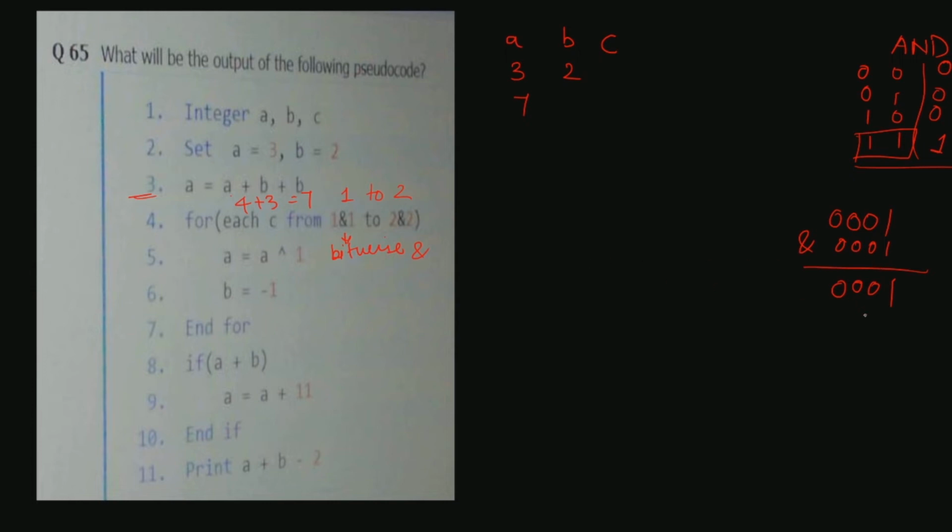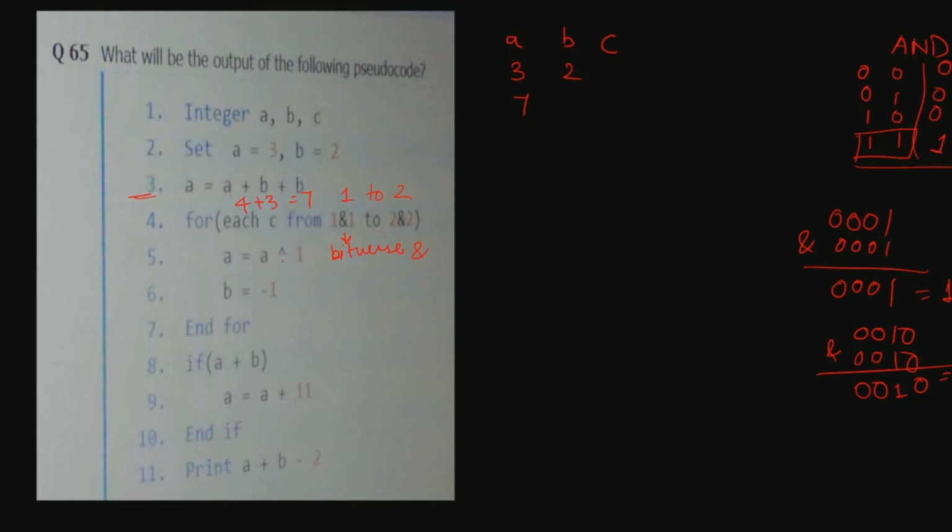I'll show it for 2 also, like 2 and 2. So 0 0 1 0 and 0 0 1 0, we are performing AND here. So 0 0 0, 1 and 1 is 1, again 0 0 0. So the answer is again 2. There is no change in the output, right? So this is C from 1 to 2. Therefore the loop will run 2 times.